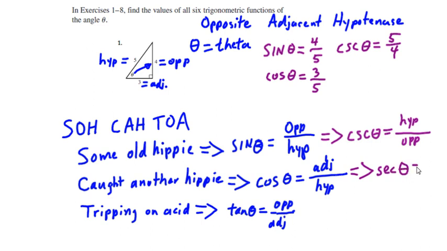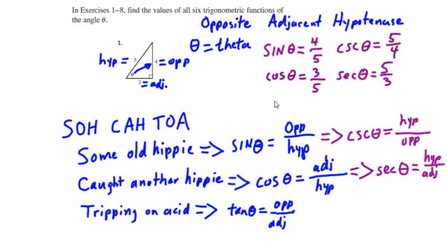So secant theta is going to be the reciprocal of cosine theta, which is going to be hypotenuse over adjacent. And so coming up here, adjacent to this cosine theta, we have secant theta is equal to 5/3.